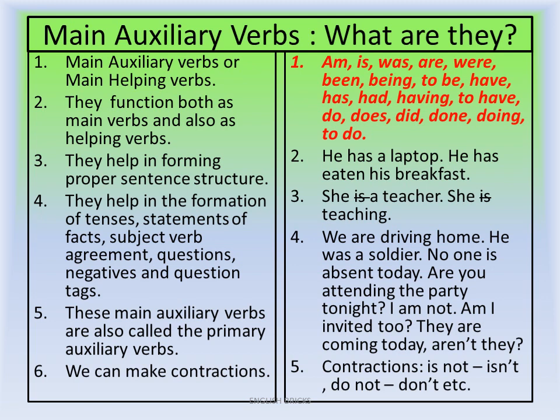Right? He was a soldier. Past tense, and it is also making a statement. He was a soldier. Statement of fact. Are you attending the party tonight? That's a question. Now, if you look at all these, we is plural, are, the verb is also plural. Subject-verb agreement. He was a soldier. He is a singular subject. Was is also a singular verb.